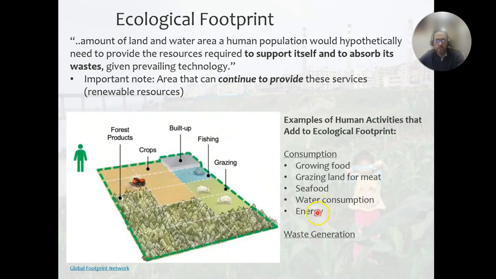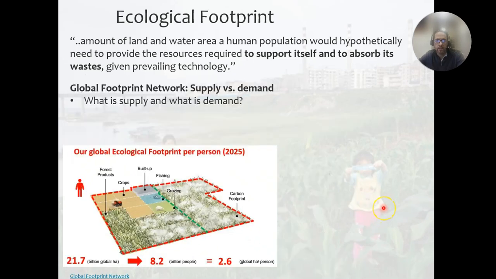We can look at water consumption. We can look at energy, particularly renewable energy sources. How much land does that take up? In terms of waste generation, the biggest one is really CO2, the huge part of our ecological footprint. But you know, how much area is needed to landfill? I mean, you could look at that too if we're taking up otherwise bioproductive land.